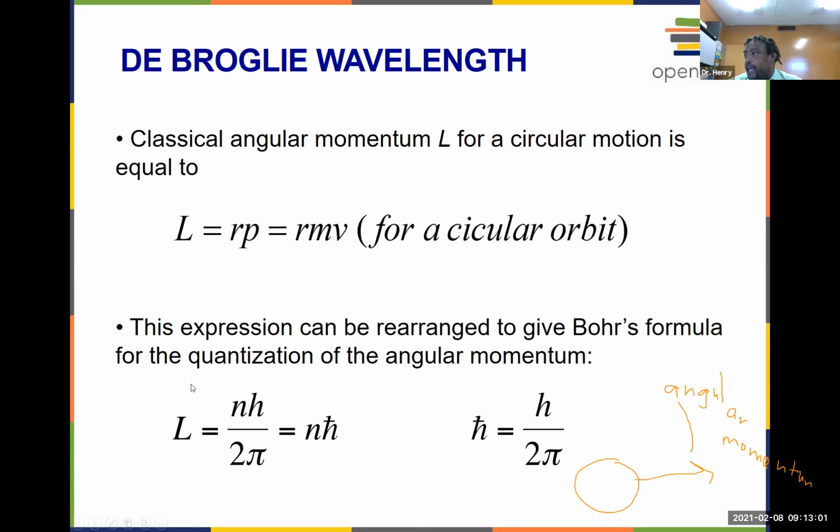We break down this equation, and then we basically get L is equal to N Planck's constant divided by 2 pi r, or H over 2 pi is going to be the same thing as H bar. Okay? And so you're going to end up with this equation if we take into consideration Bohr's contribution for the angular momentum.